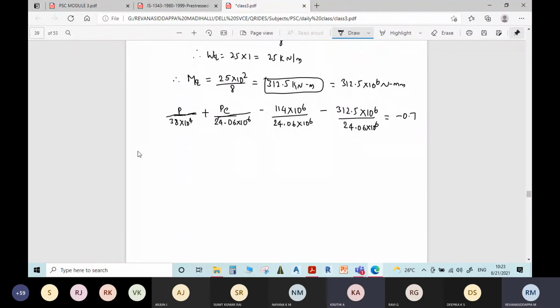2.63 into 10 power minus 6, sir. 2.631, correct. 2.631 into 10 power minus 6 P plus 1 divided by 24.06 into 10 power 6. 4.15 into 10 power minus 8.